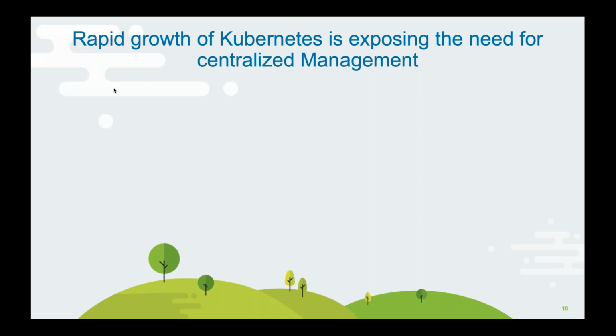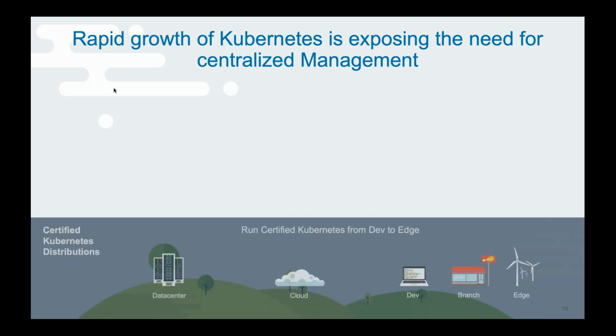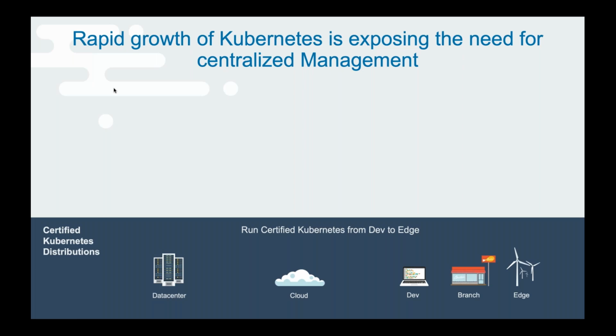If you're here, you know what Kubernetes is. I mean, unless you've been living under a rock, you know what Kubernetes is, and you know how rapidly it's taking over everything that we're doing. As it's growing in the enterprise, it has moved from a sandbox environment of stuff that developers are using into data centers running on it. We've got cloud stuff with managed Kubernetes and hosted Kubernetes solutions.